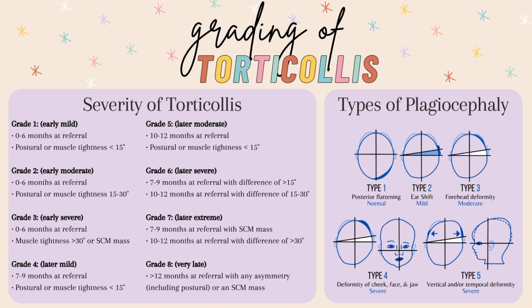Grade 2, they're still in that same age, but the difference between sides is even greater, so 15 to 30 degrees. And then a grade 3 is severe muscle tightness limiting them greater than 30 degrees between sides, or you can actually feel a mass on their SCM.